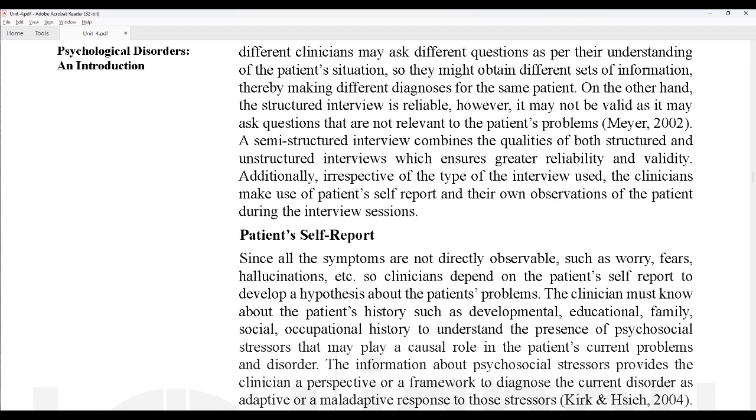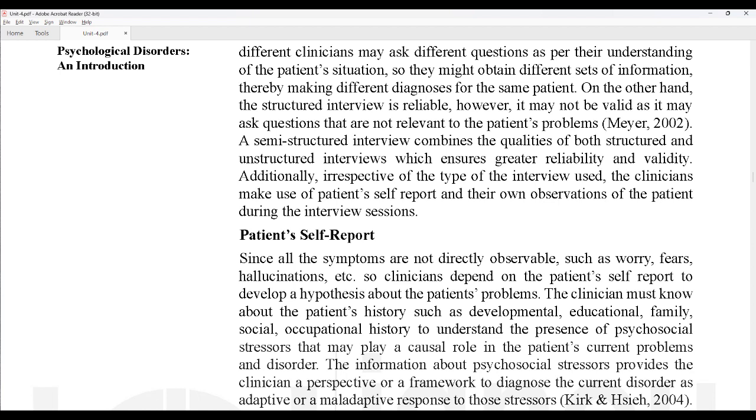Patient's self-report. Since all the symptoms are not directly observable, such as worry, fears, hallucinations, etc., clinicians depend on the patient's self-report to develop a hypothesis about the patient's problems.